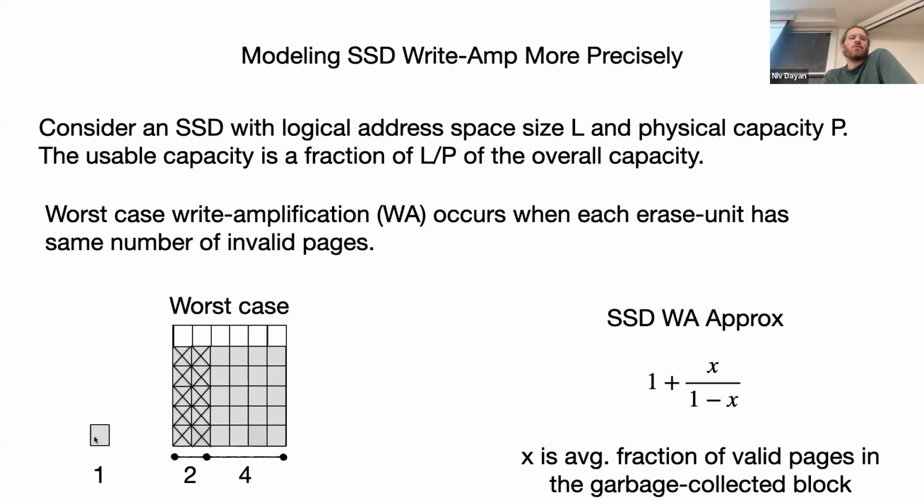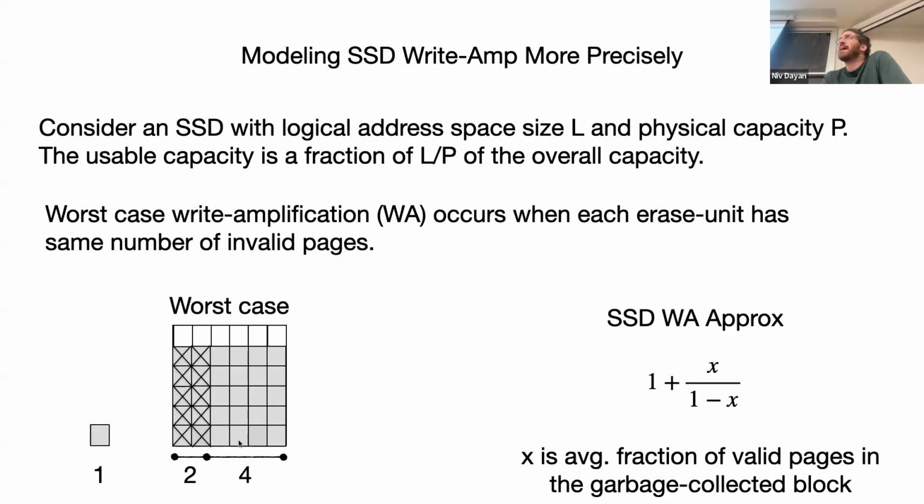So suppose I want to write a new page. This is a new page that my application is trying to write. Well, on average, to be able to write this page, I have to do some reclamation before. And given the proportion, now here in this example, every erase unit has 4 valid pages and 2 invalid pages. This means that for every garbage collection operation that I make, I have to migrate 4 pages.